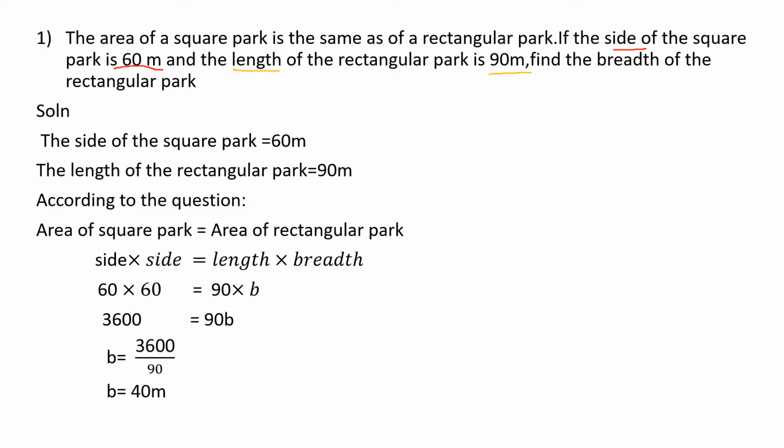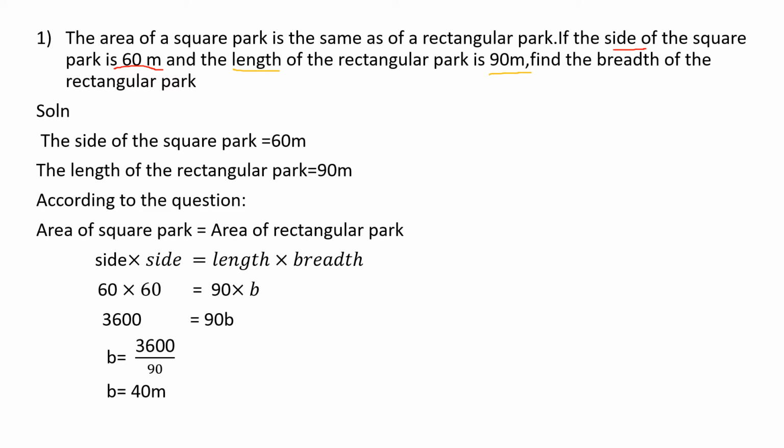If the side of the square park is 60 centimeter, rectangular park means it will have length and breadth, right? And length is given as 90 meter. What do you want to find from this question? Find the breadth of the rectangular park.